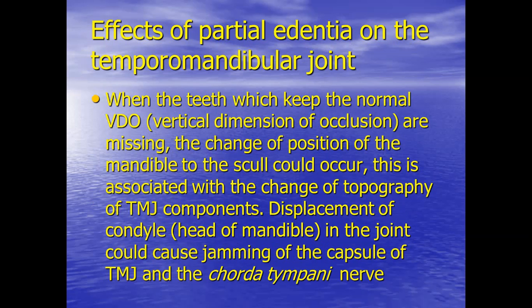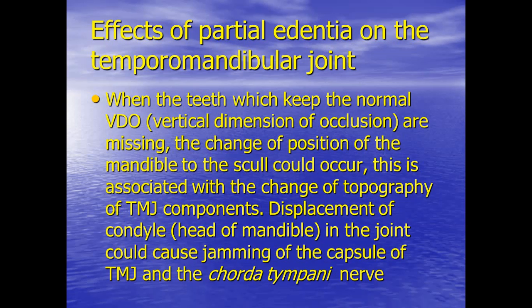So, this displacement of the mandible is associated with the same displacement of the condyle in the TMJ. If the jaw is displaced vertically, it's more up than it should be, and it's displaced more distally, more posterior than it should be, the same happens to the position of the condyle in the joint.